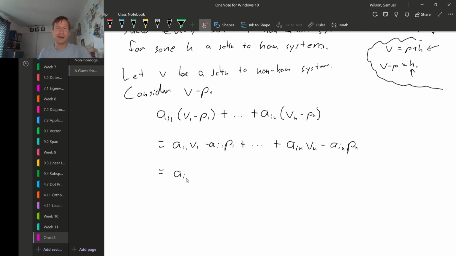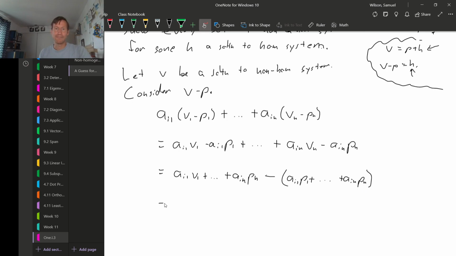So ai1 v1 plus all the way down to ain vn. And now for all of the terms with p's, all of the terms with p's have a minus sign in front. So let's factor that minus sign out all the way at the beginning. And we get ai1 p1 all the way down to ain pn.